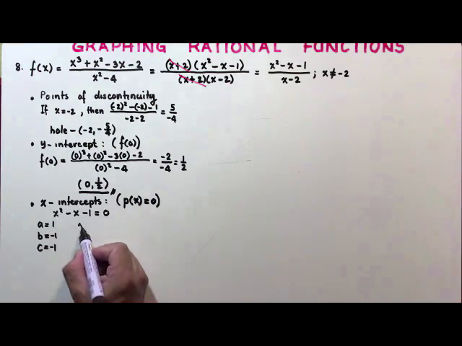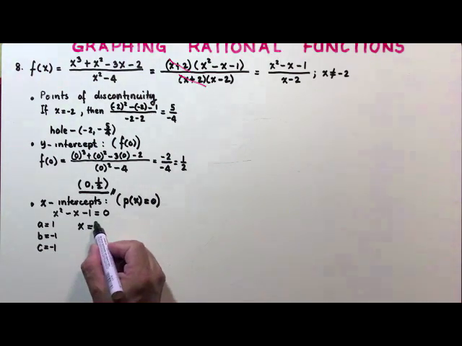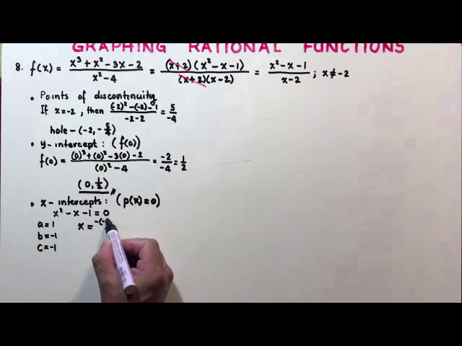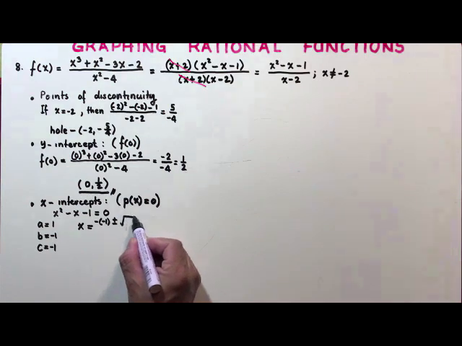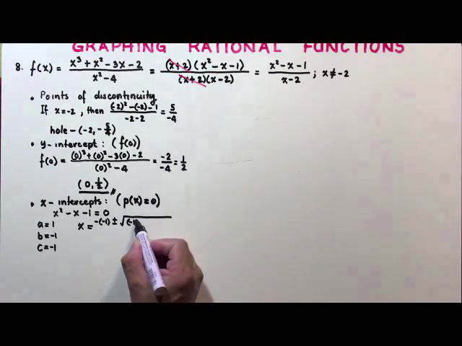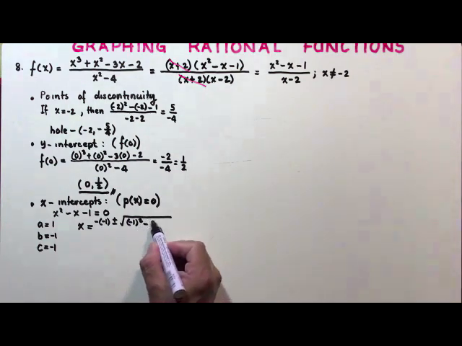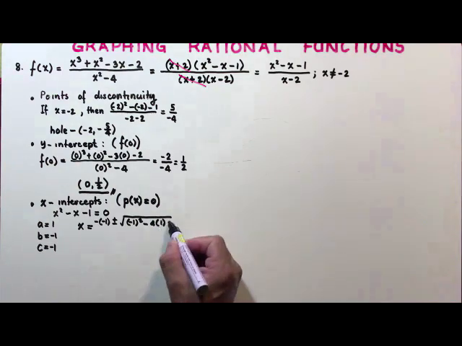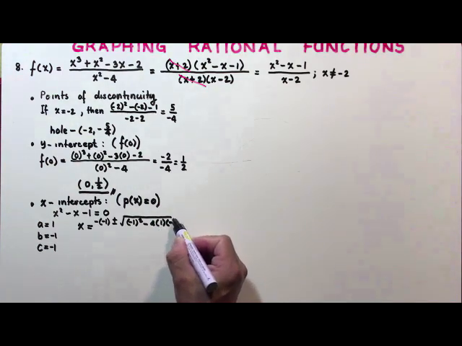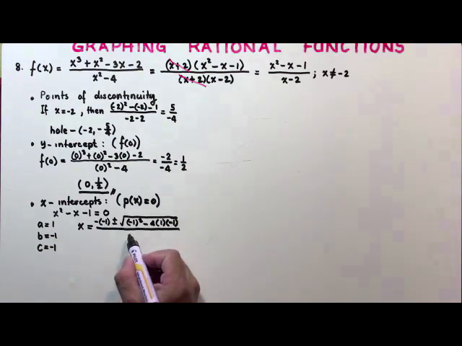So looking for the value of x, this is the negative of b, so the negative of the negative 1 plus and minus the square root of negative 1 squared minus 4ac, and our a is 1 and our c is negative 1 there, and this is divided by 2a.